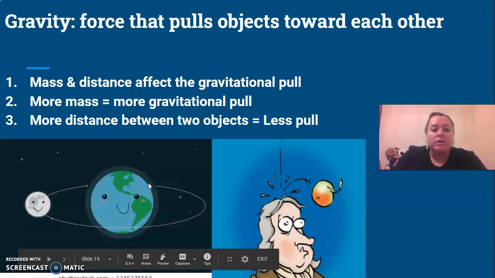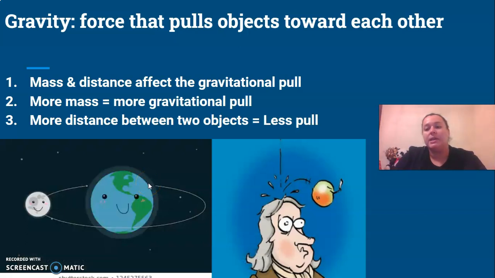When there's more distance between objects, there's less of a pull. So that's why, for example, we don't have gravitational pull from the moon affecting us. We have our pull from the earth. So if something is bigger or if it's closer together, there's more gravitational pull.